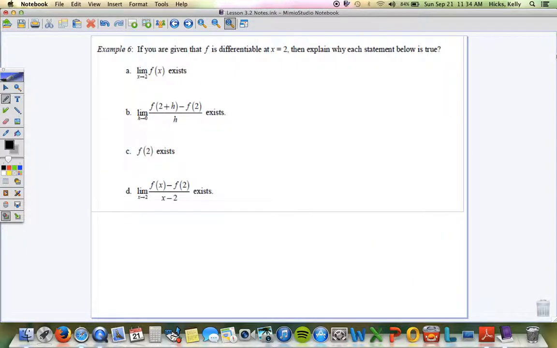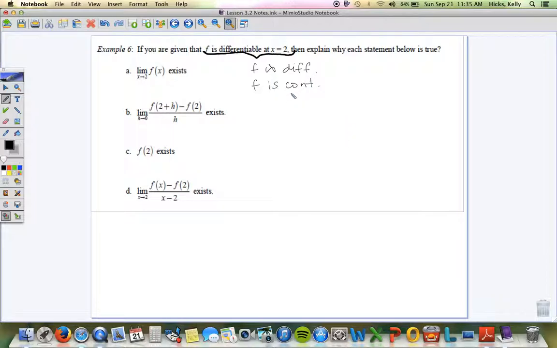Okay, let's look at the next page. If you're given that f is differentiable at x equals 2, then explain why each statement below is true. Well, before we even look at the statements, let's look at what this says right here. If you're told that f is differentiable at x equals 2, then we know that it is also continuous. So f is differentiable, so f is continuous.